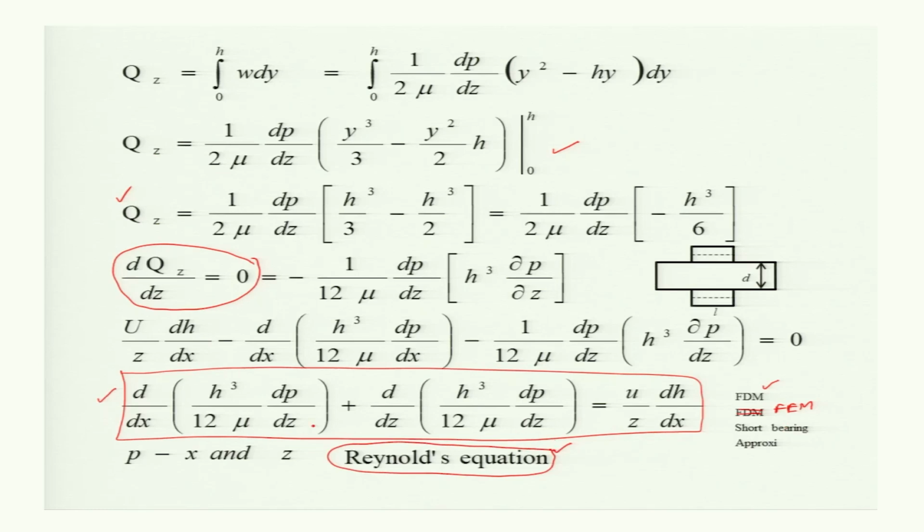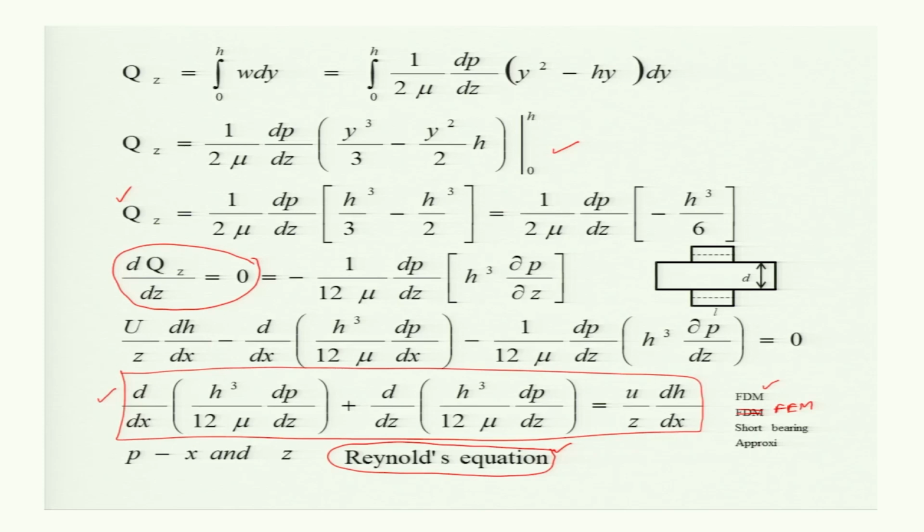Later on, by considering other things, like we assumed that the fluid is Newtonian, by considering non-Newtonian lubricant, this Reynolds equation was modified. Similarly, while deriving this equation, it was assumed that the flow is laminar, but with the increase in shaft speed, it may become transitional or turbulent.